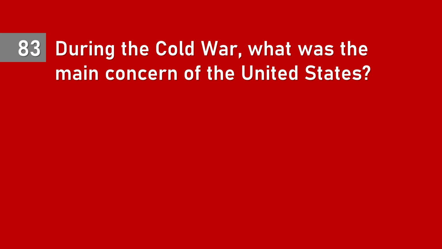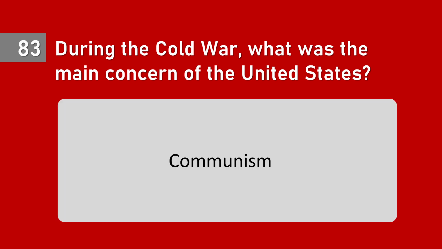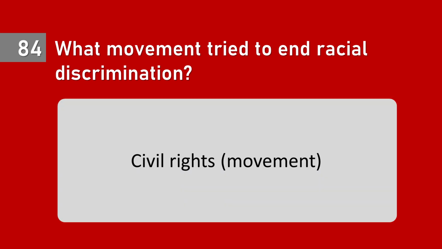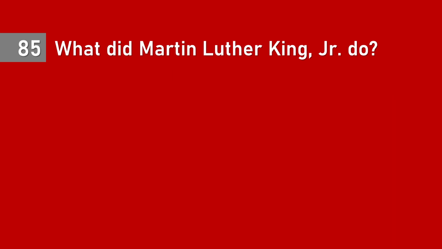Question 83. During the Cold War, what was the main concern of the United States? Communism. Question 84. What movement tried to end racial discrimination? Civil rights movement. Question 85. What did Martin Luther King Jr. do?